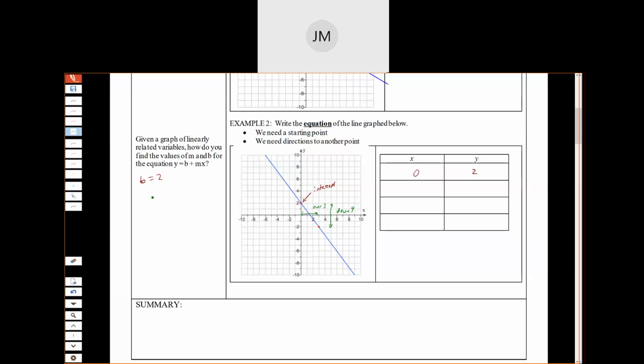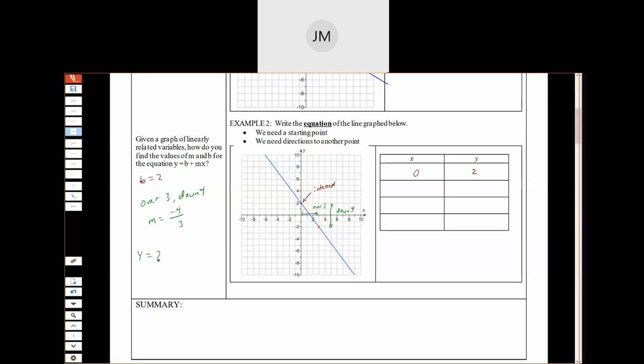Okay, so over 3 down 4 to get to another point tells me that the slope is going to be, the amount over goes in the denominator, right? That's the change in x. The amount up and down is my change in y. Since it's down, I'm going to get a negative. So my slope is negative 4/3. Then I can just write down the equation because I have the b and I have the m now.